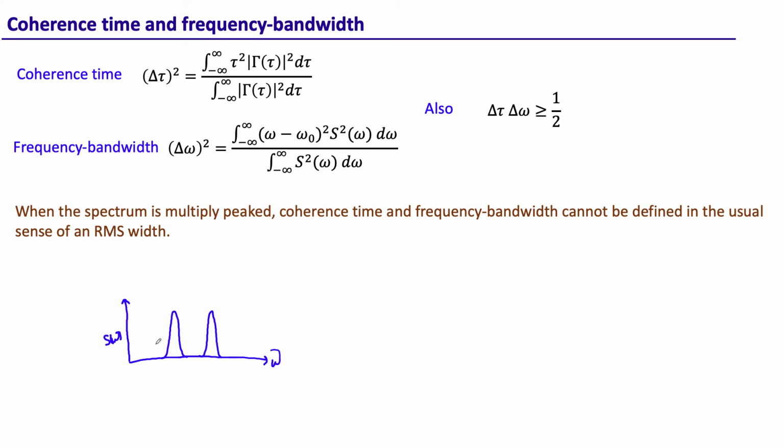So it has all the frequencies in this region, all the frequencies in this region, but these frequencies are missing. So you can also have sources that are multiply peaked in their spectral density, and in that case, you may have the spectrum or the correlation function, or rather the degree of coherence function, if you look at it, may have a functional form like this.